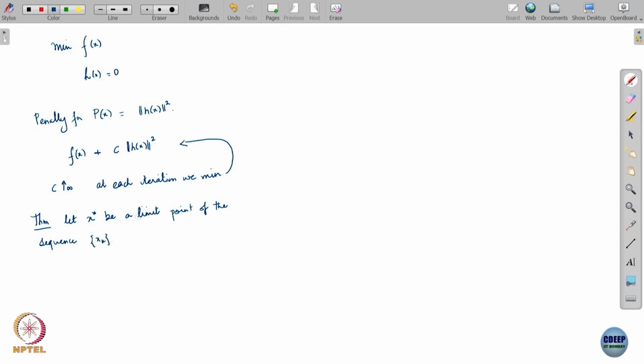Let us take c equal to ck, and ck goes to infinity, right.